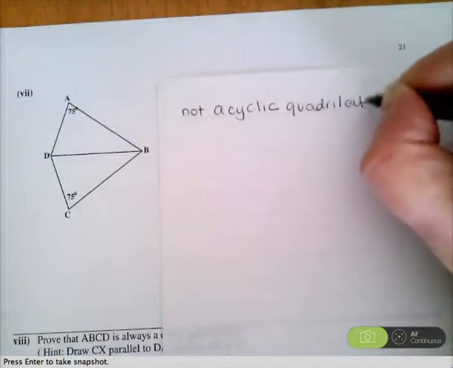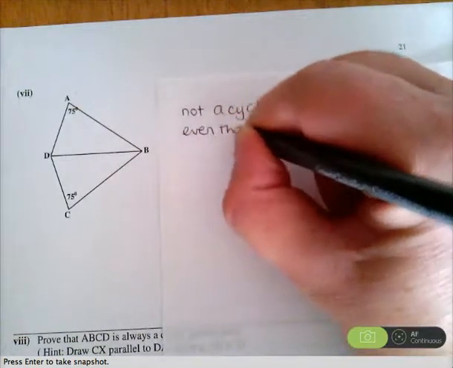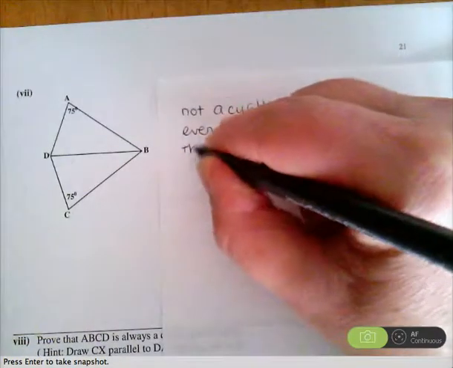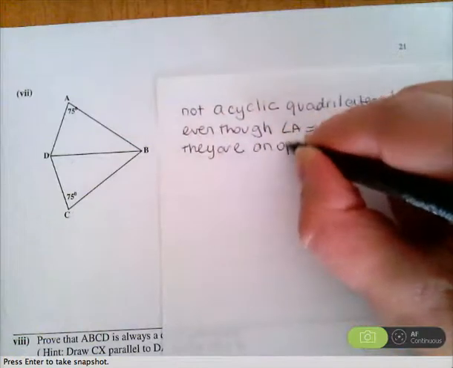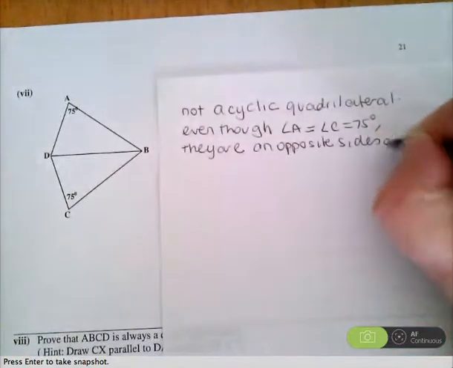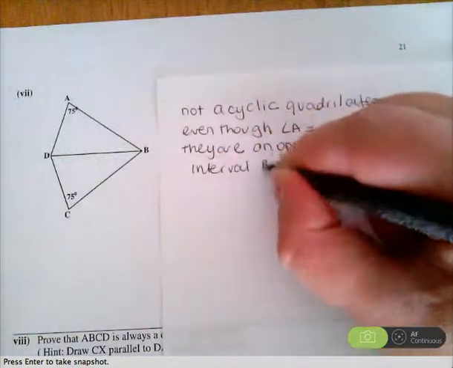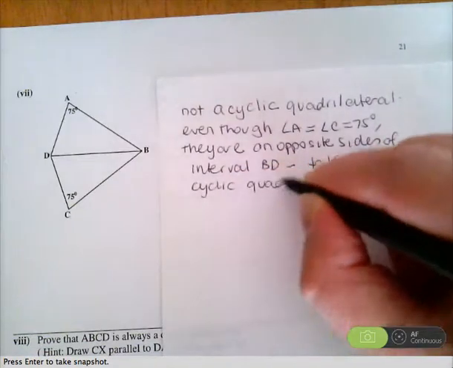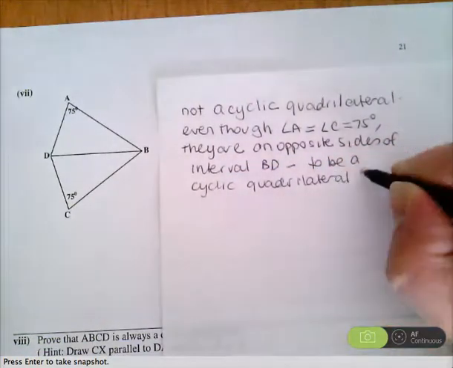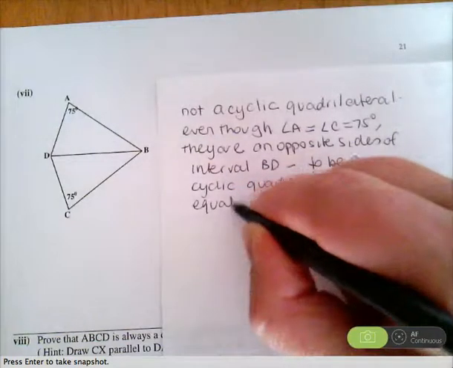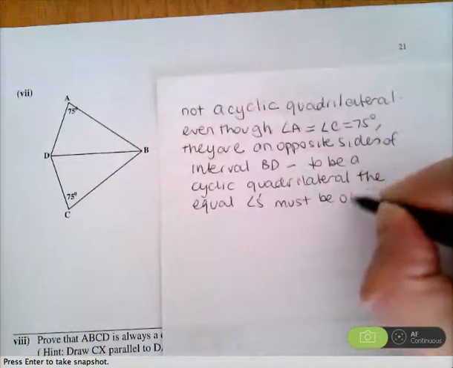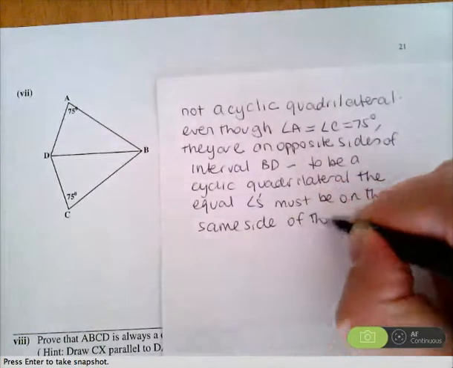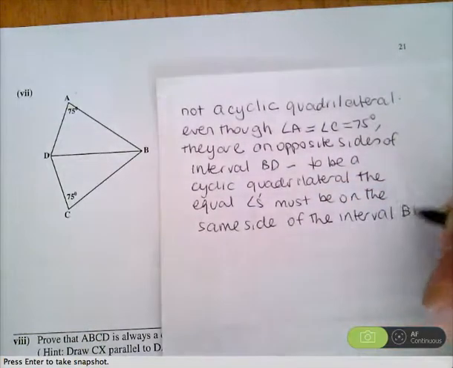And the reason is that even though angle A is equal to angle C, which is 75, they are on opposite sides of the interval BD. To be a cyclic quadrilateral, the equal angles must be on the same side of the interval BD.